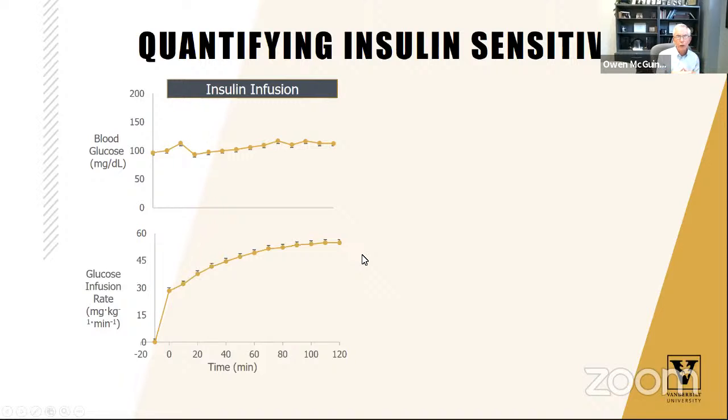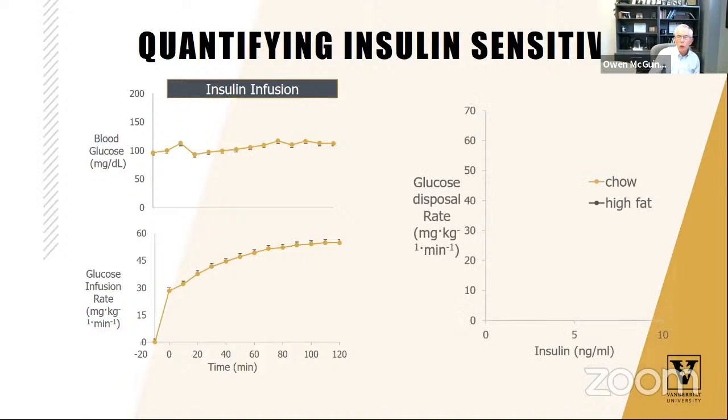So you can imagine that you could give different doses of insulin and get different glucose requirements. If you couple this with tracer methods, you can quantify how much glucose is moving in and out of the body. And so if we plot dose of insulin, the insulin concentration, versus glucose disposal, how much glucose is used by the body, in a chow-fed animal, what we see is a nice insulin dose response curve, that as we raise insulin, whole body glucose disposal goes up.